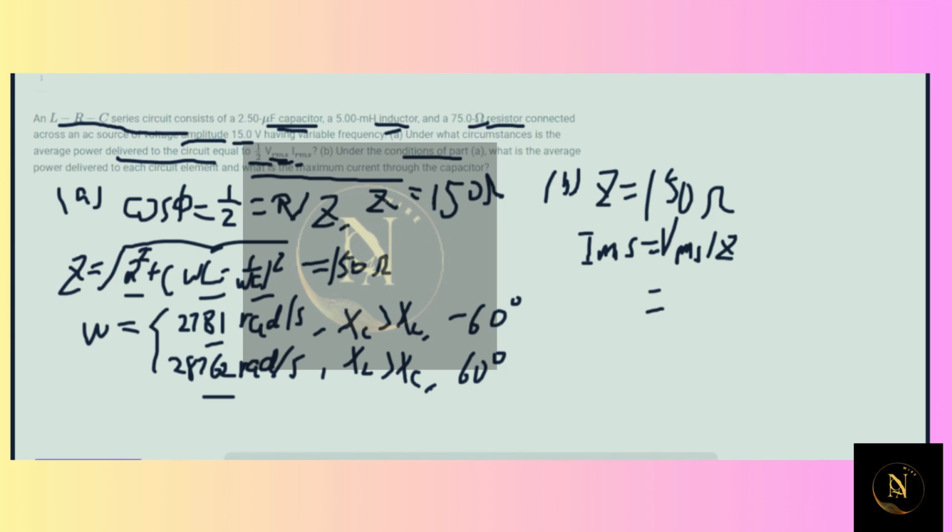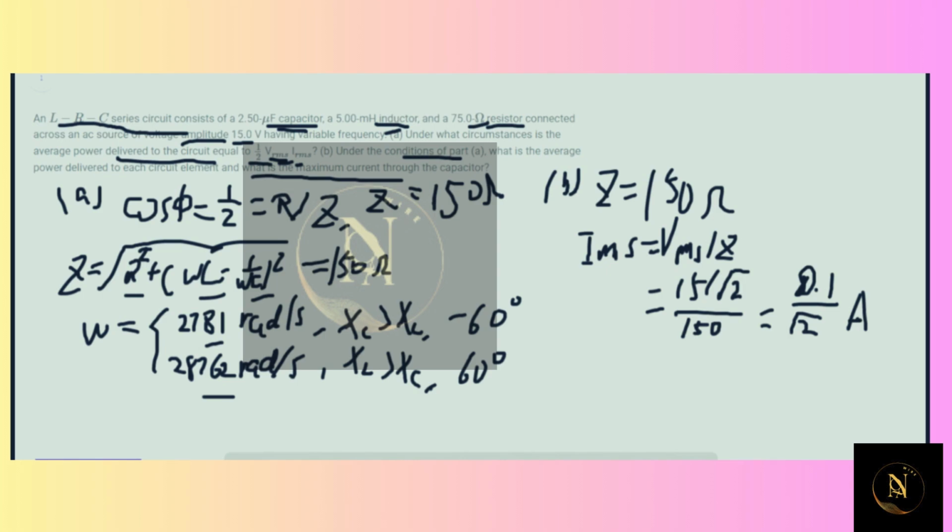So this value should be 15 divided by square root 2, because this is the RMS value, and divided by 150, which equals 0.1 over square root 2 amperes.